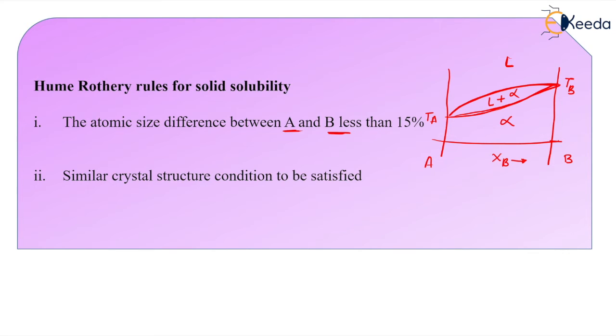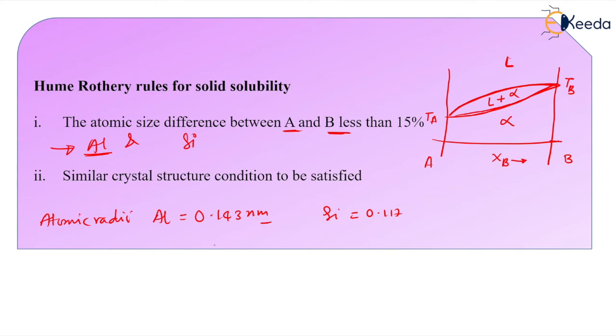If I take the example of solid solubility between aluminum and silicon, dear students, look at the atomic radii. The atomic radius of aluminum is 0.143 nanometer, and the atomic radius of silicon is 0.117.